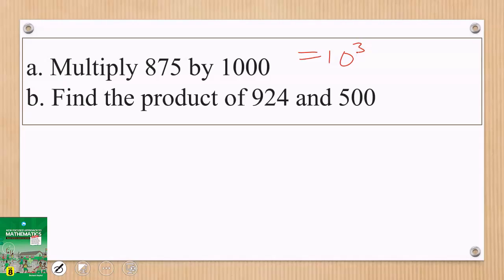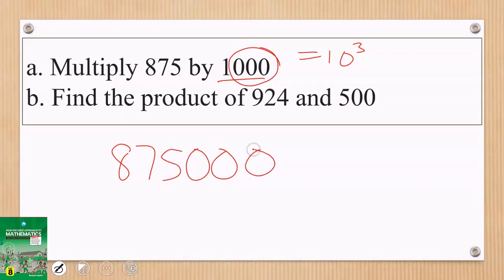Now to multiply by 1000, this is your number. All you need to do is to know the number of zeros we have here and attach the zeros to that. And that gives you 875,000. Now, what if I say find the product of 924 and 500?